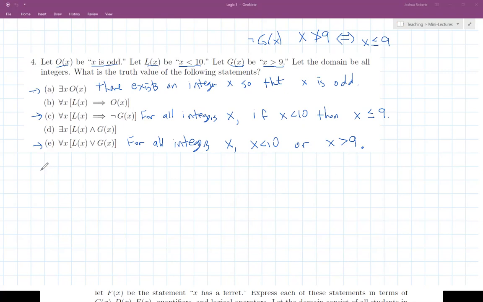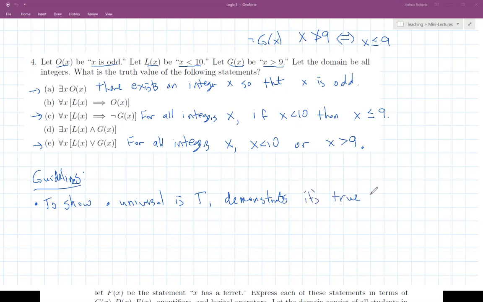And I'm going to give you some guidelines down here. Guidelines. So the first one is to show a universal is true, demonstrate it's true in all cases.